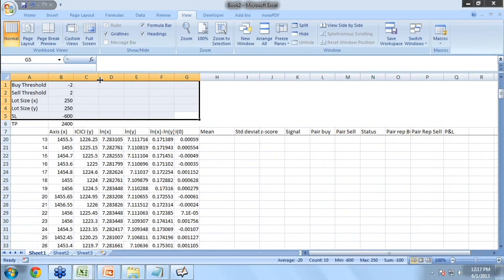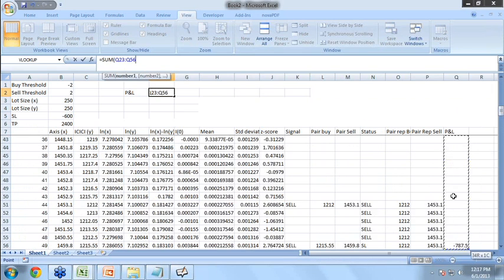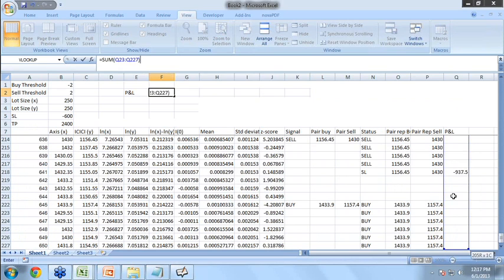And if I just do a simple P&L over here, it will be the sum of all these values, which is somewhere around 500 rupees that it is making.